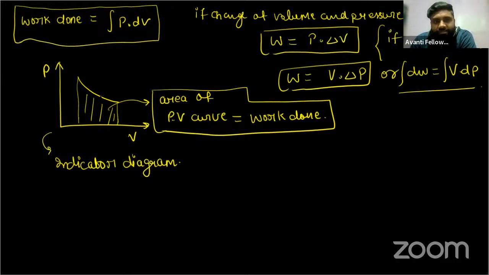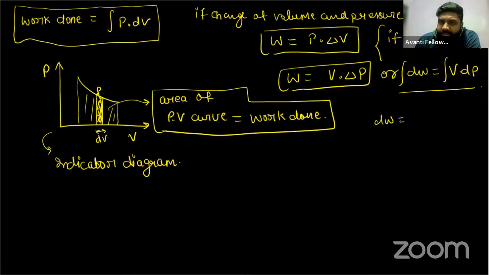Although the variation of pressure here is not constant, we would consider a strip where the variation is constant, from P to P plus dP. For that strip, you can consider the pressure to be constant, and dV is the change in volume. So what is the area of this strip?